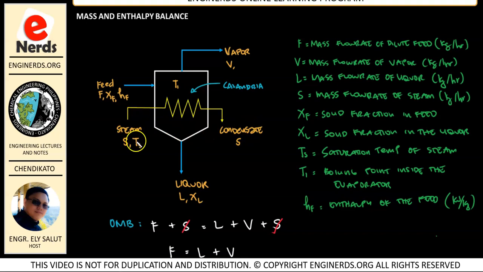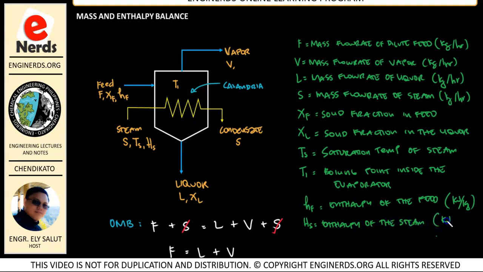Ano? So, dito sa ating steam, this is in vapor form or in gaseous form. No? So, our enthalpy will be capital H, and then our subscript will be S to denote that this is in our steam. Okay? So, therefore, our HS is the enthalpy of the steam.